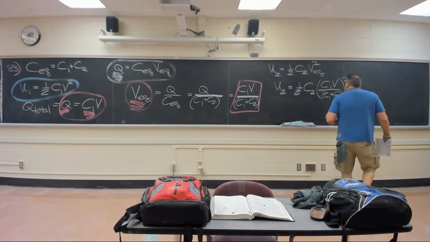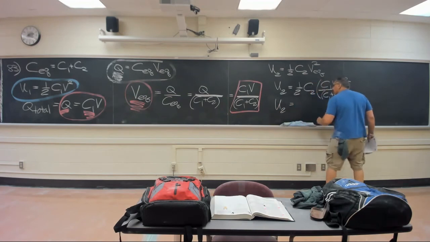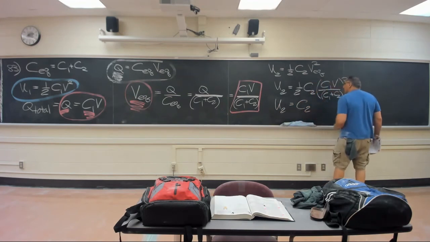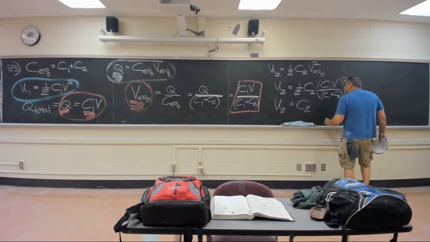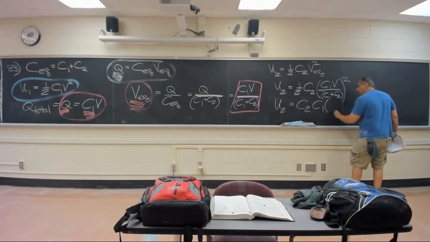Okay. Here's C2, here's C1. Let me put the half. Why don't you square this quantity? I know this bottom thing gets squared too. It's C1 squared V squared. Pull a C1 out of there and bring a half in there.